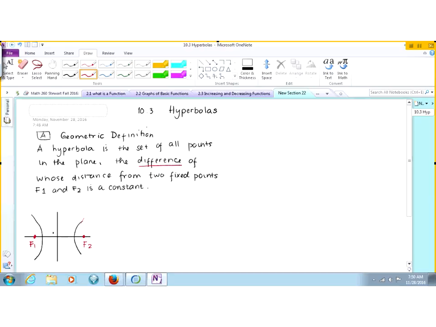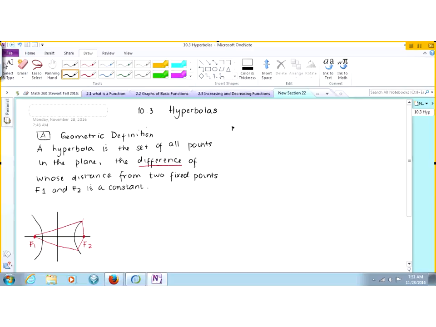This is F1 and this is F2. So the difference of the distances from these points are equal. This minus this is equal to this minus this. That's the geometric definition of a hyperbola.